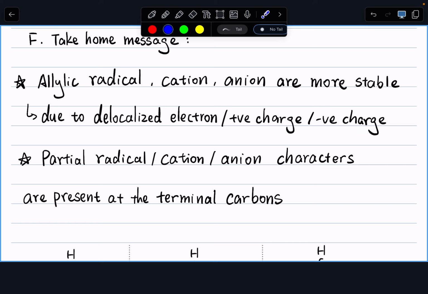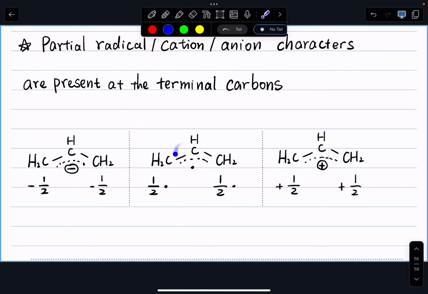And the partial radical, cation, or anion character will be present on the terminal carbons of these allylic systems. Any questions before we look at an example together? Or are you too confused and don't know what to ask?